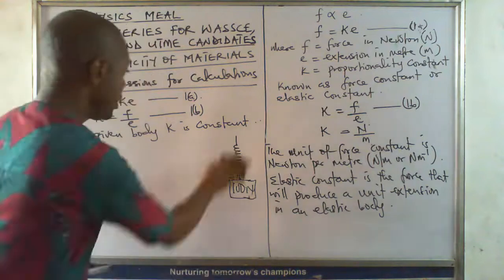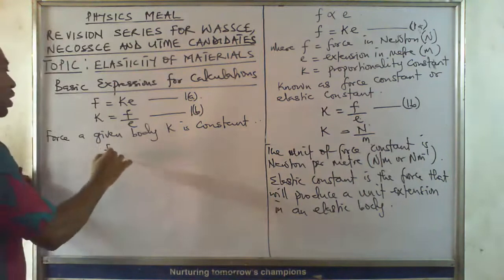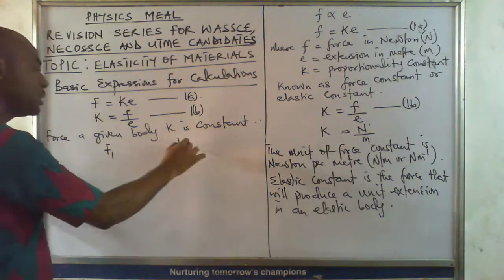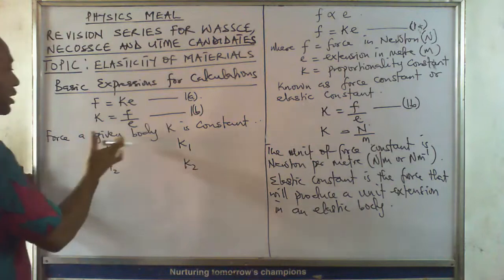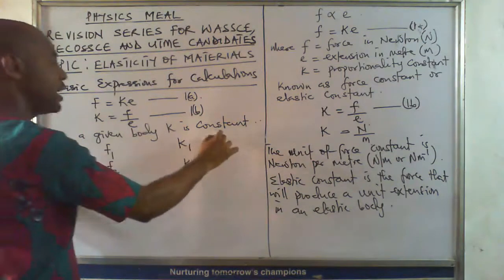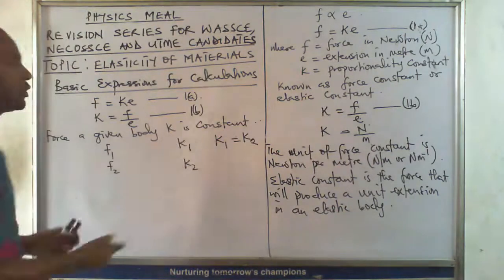So we have to say this now. If I use F1, I obtain K1. If I use F2, I will obtain K2. But since the bodies are the same, K1 will be equal to what? K2. That's what we are trying to say.